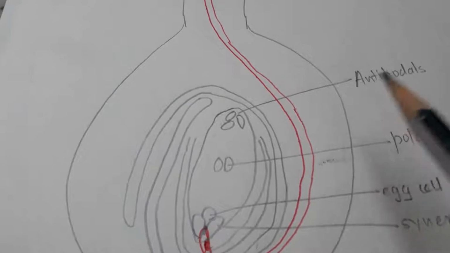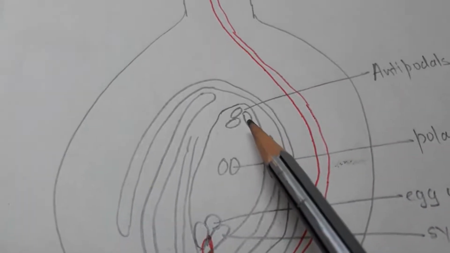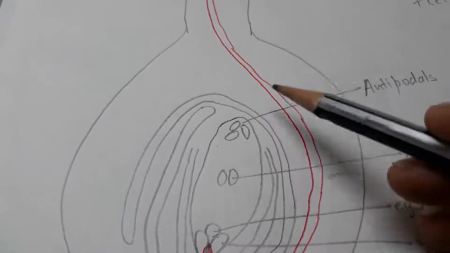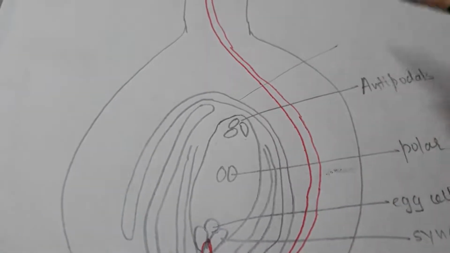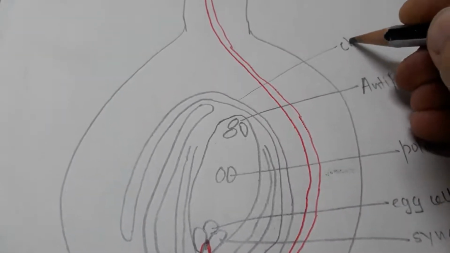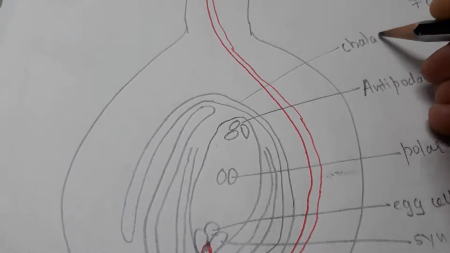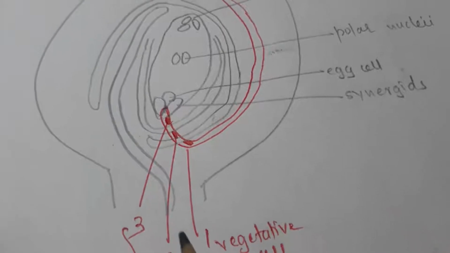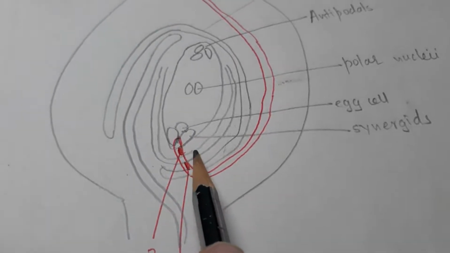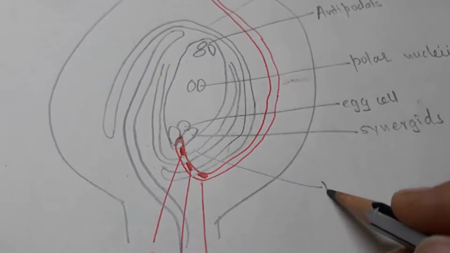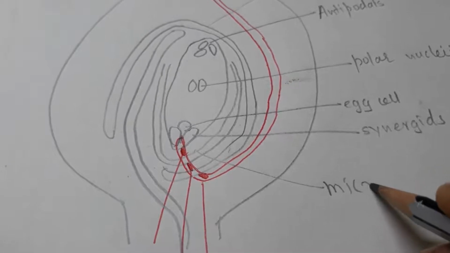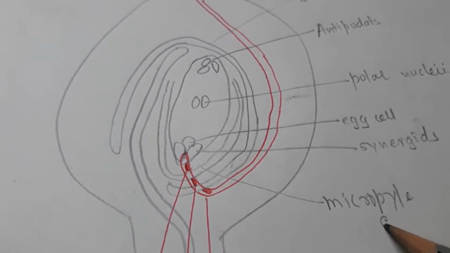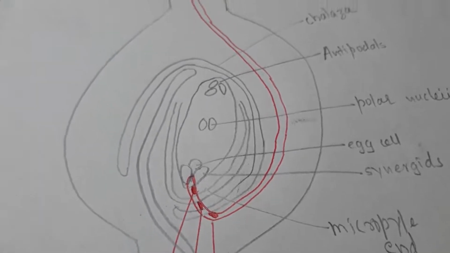Okay, so the 3 cells at one end, this is the chalaza end, and this end is the micropyle end or pole.